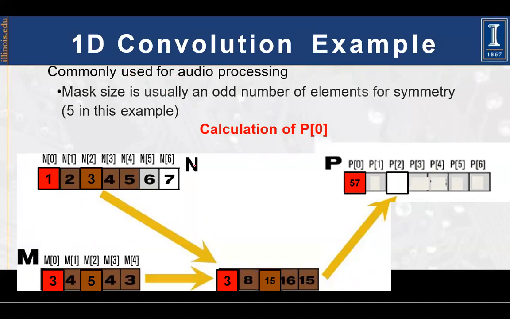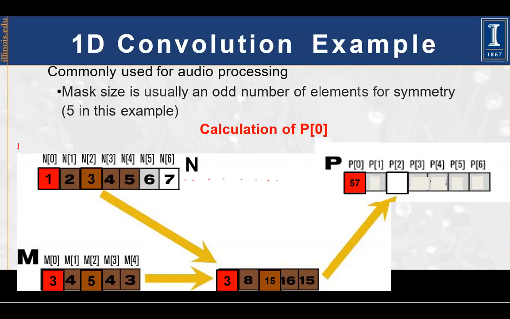This n is maybe much larger, a very big audio signal sample. This is the input which needs to be processed, filtered, convolved.